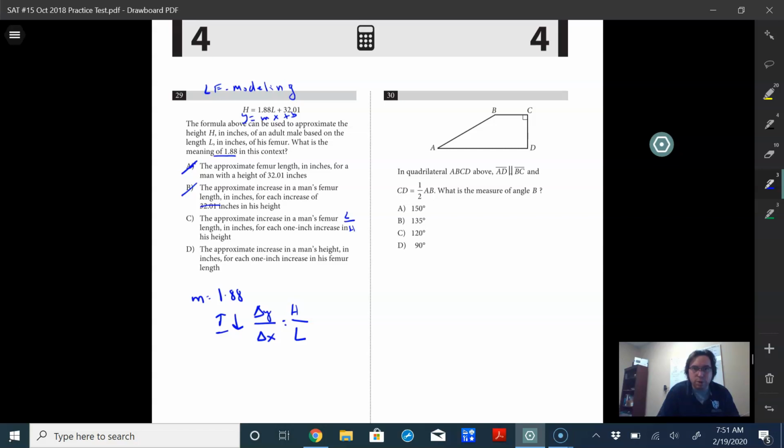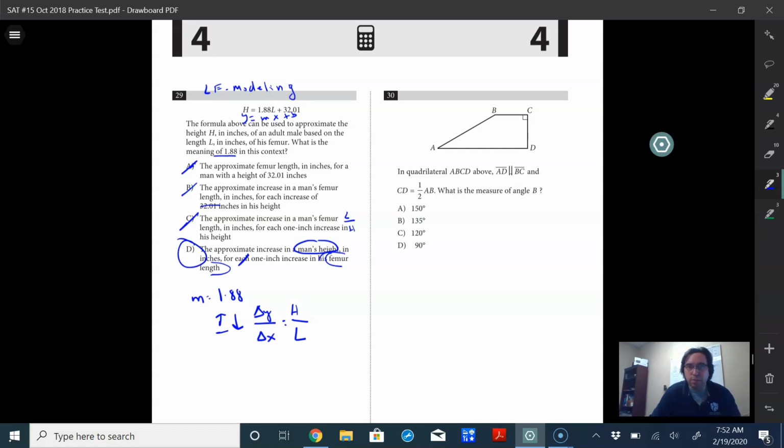And so D says approximate increase in a man's height in inches for 1 inch increase in his femur length. And so you see that for each. Remember, each, as we've always said, means a fraction relationship. So man's height, there's the h, over the increase in femur length. And so it's easy as that. And if you understand what this is suggesting and what we're looking for, you can read the answer choices and answer based off units. So D is the answer choice here.